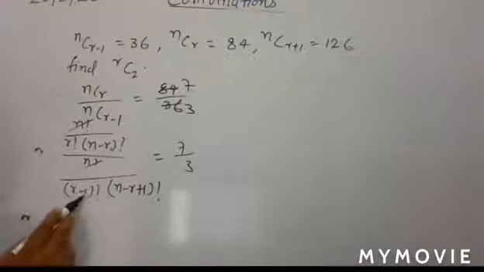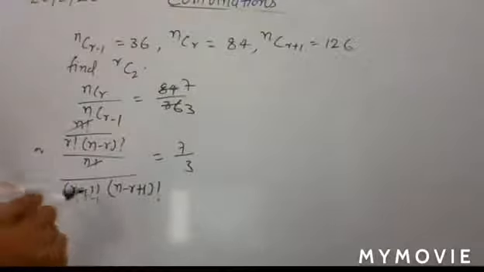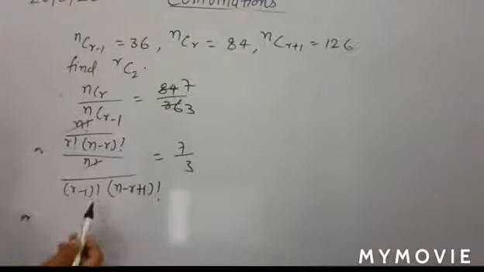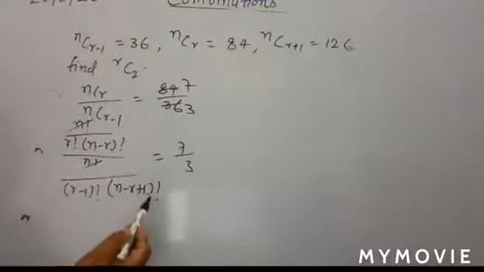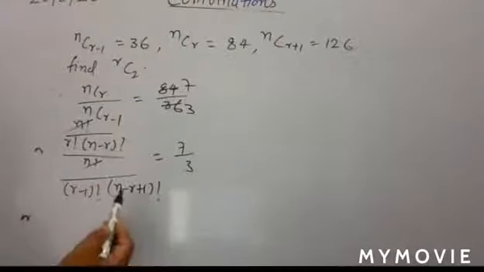And see one more thing. Here you have r minus 1 factorial, here you have r factorial. So you have to expand r factorial up to r minus 1. In the same way, n minus r plus 1 factorial and here n minus r factorial. This factorial is greater, so you have to expand this one.